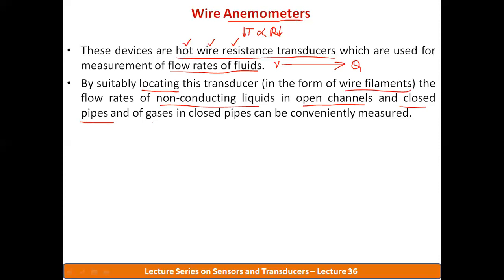If it is a gas, the conduit has to be a closed one, correct? In such environments we can place this wire anemometer and measure the velocity or flow rate of the fluid or a gas.